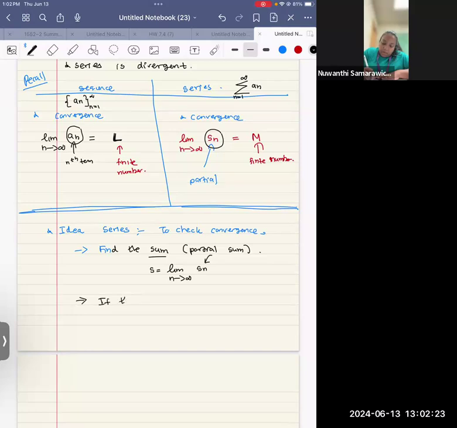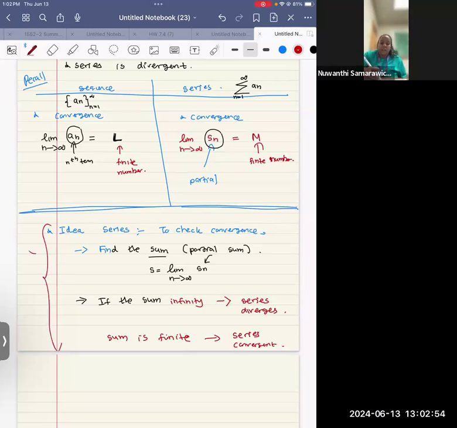If the sum is infinity, like in this question, the series diverges. If the sum is finite, then the series converges. I just wrote in words what I mentioned here.